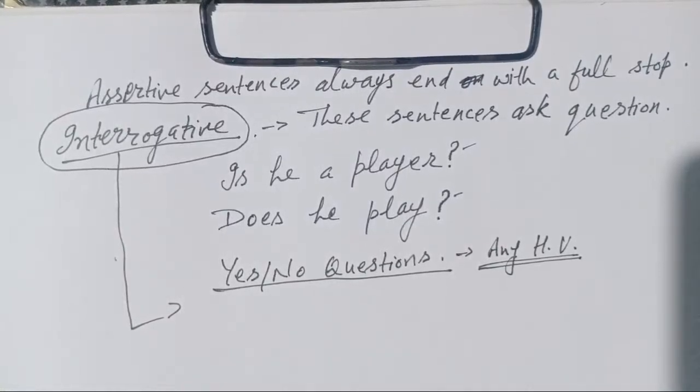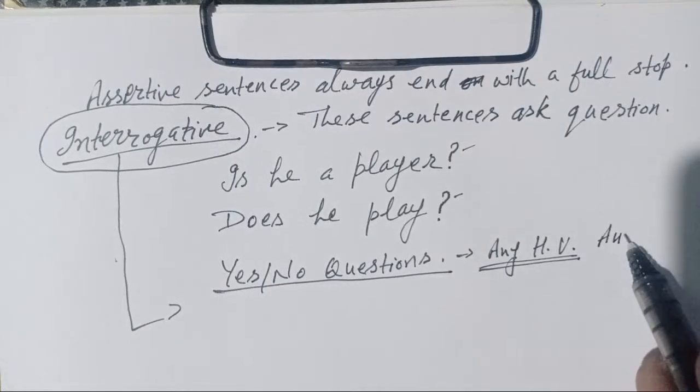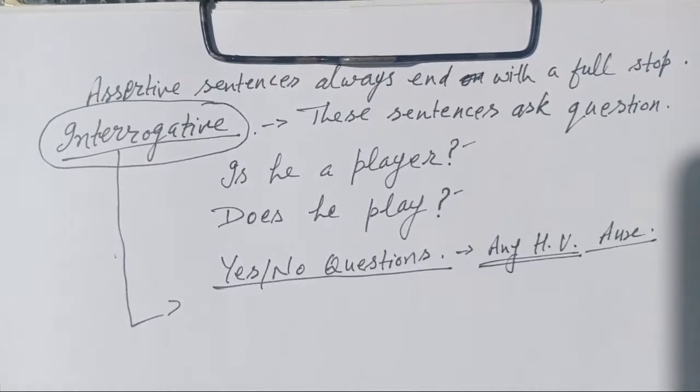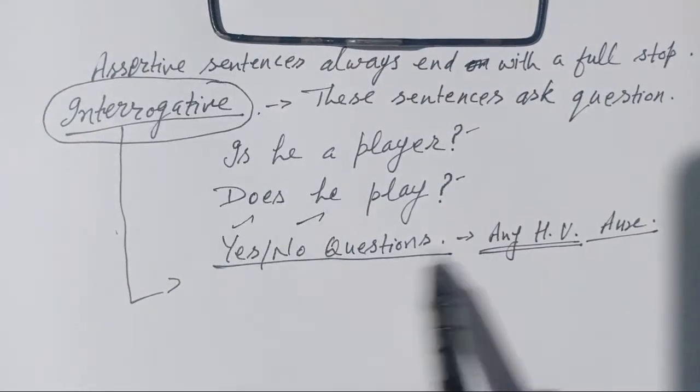That can be a modal, or any auxiliary verb, just as is, am, are, was, were, has, have, had, or do, does, did, or any modal, may, can, could, might, must, will, would. Any sentence that starts with these is known as a yes no question.